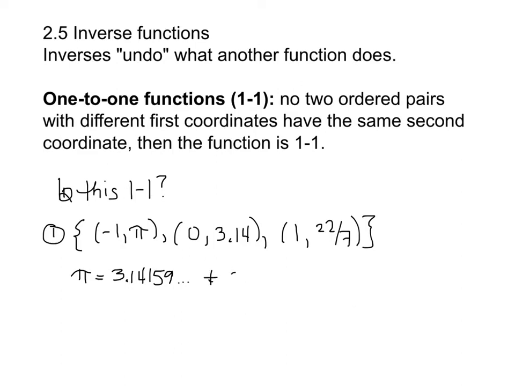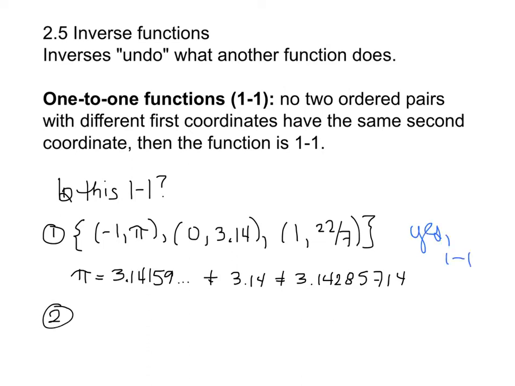That is not the same as 3.14, which is not the same as 22/7 either. If you take 22 and divide it by 7, my calculator spits out 3.142857114. Again, none of these numbers are the same, which means that this is in fact one-to-one.